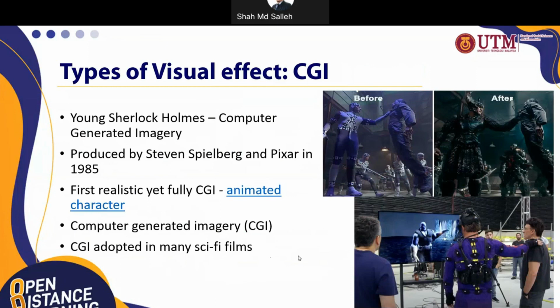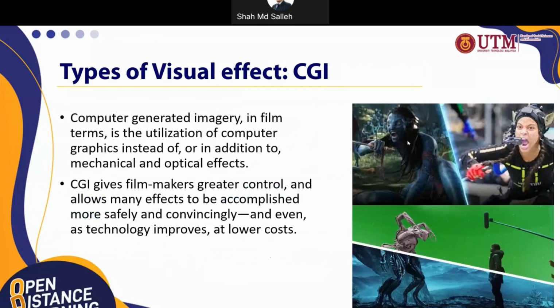Okay, also used in the Avatar film, many of the CGI is used in science fiction movies. Okay, CGI gives filmmakers greater control and allows many effects to be accomplished more safely and convincingly, and even, as technology improves, at lower cost. Okay.